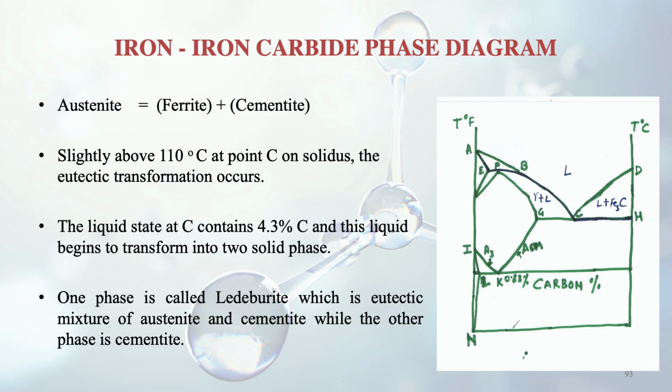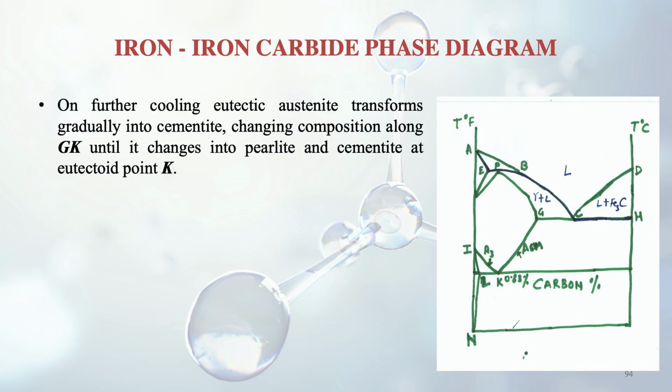So here also the same thing is happening, one phase is changing to two phases, but here the liquid phase is changing to solid phase, and that solid phase is given by ledeburite, that is a cementite and austenite mixture. One phase is called ledeburite, which is the eutectic mixture of austenite and cementite, while the other phase is cementite, as I told you.